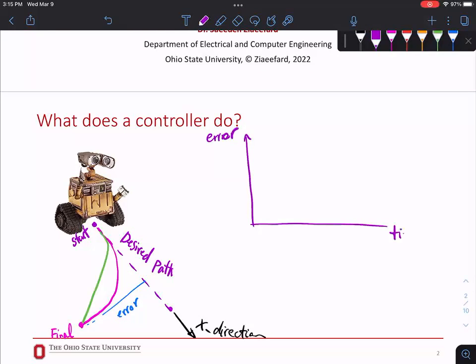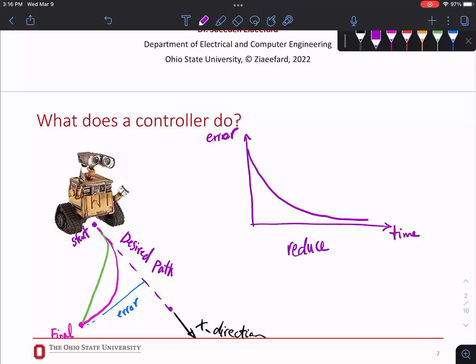if this is error and this is time, we want to minimize or reduce our error. How do we get the function of error? Error equals R minus Y. You get to that expression, and you want to minimize it. You have done that before, right? You can plot that in MATLAB and see the behavior of your error function.